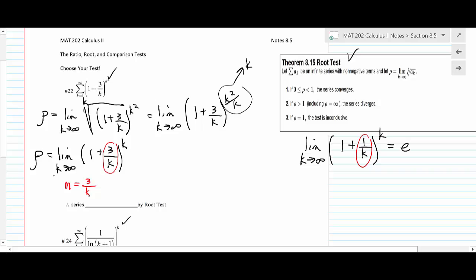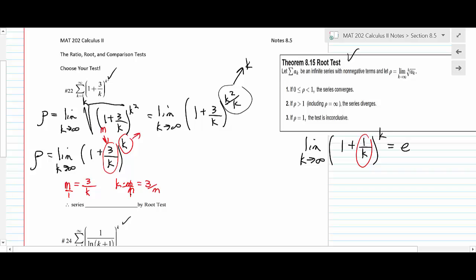If I cross multiply this, I get k times m equals 3. I want to solve for k, so if I divide both sides by m, I get k equals 3 over m.